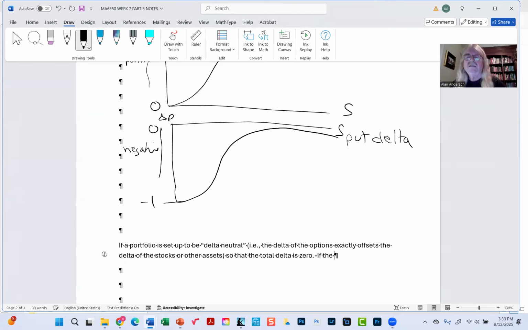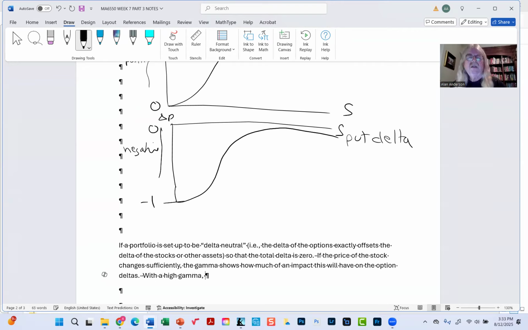If the price of the stocks changes, the gamma shows how much of an impact this will have on the option deltas. With time, deltas can change quickly.